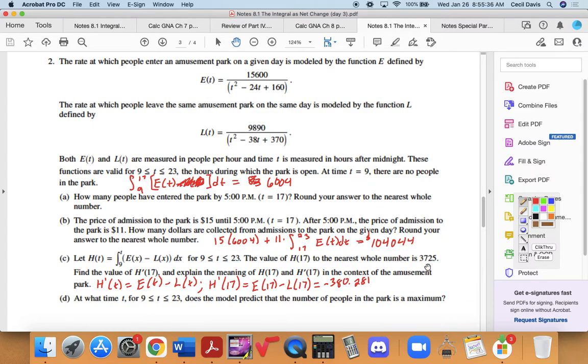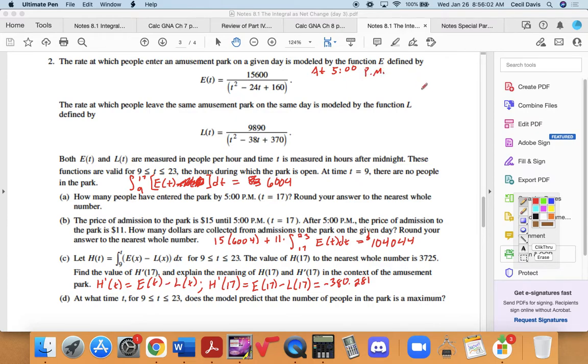So what does the 3,725 tell us? It tells us how many people are in the park. At what time? 17, which is 5 o'clock. So at 5 o'clock p.m., yeah, except they don't say that in the problem, so you shouldn't either.